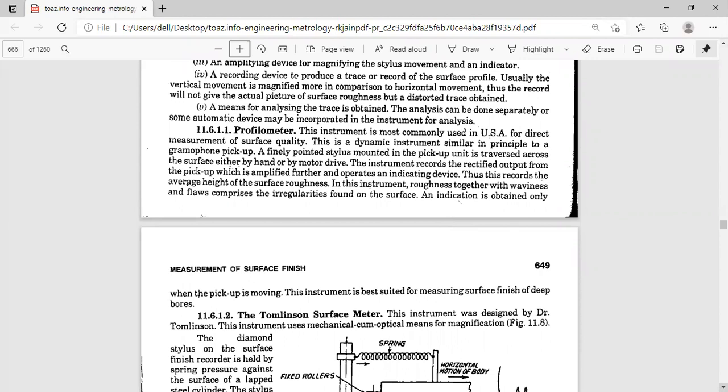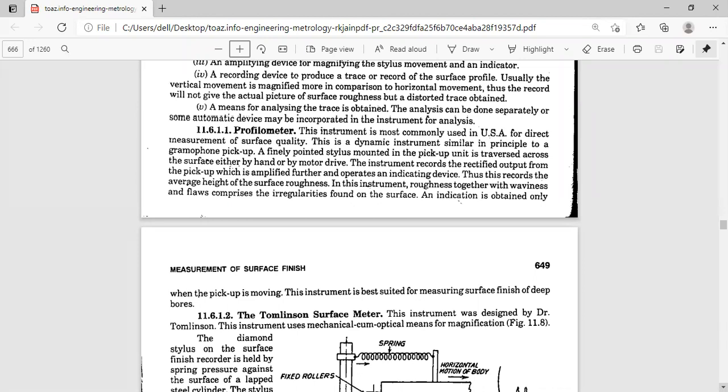In the profilometer, what is the pickup unit, you can ask. Nobody has asked. It will consist of an induction coil, which will be located in the field of a permanent magnet.